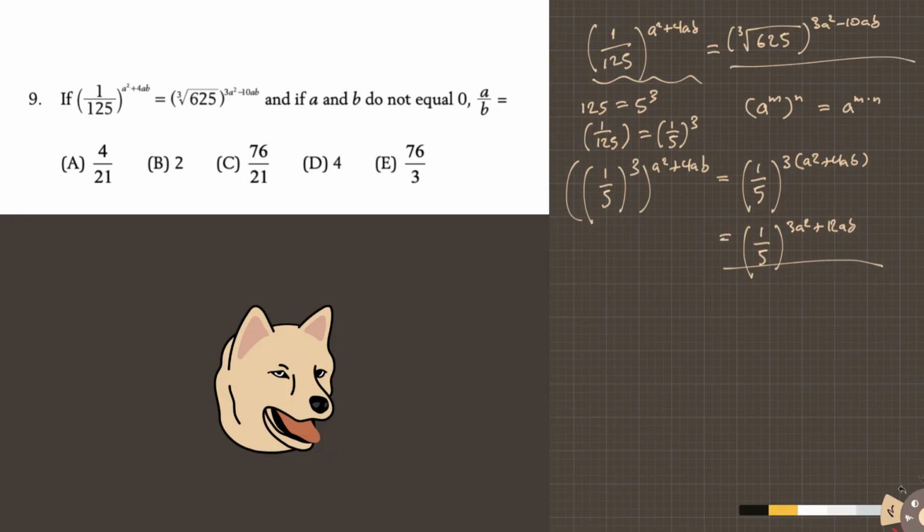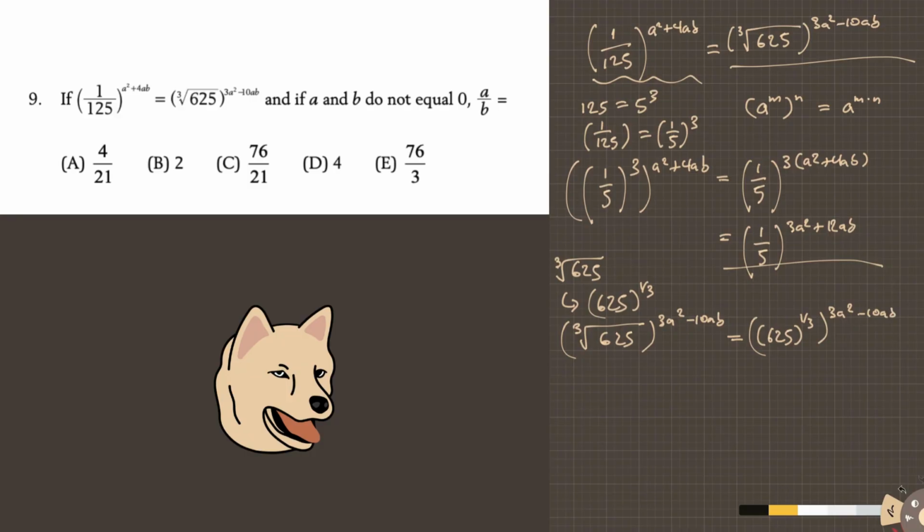Now let's work on this. So already, the cube root of 625 looks pretty gnarly to me. But we can actually rewrite this as 625 to the power of 1/3. Now we can rewrite the second expression to say that the cube root of 625 to the power of 3a squared minus 10ab is equal to 625 to the power of 1/3, which is then to the power of 3a squared minus 10ab.